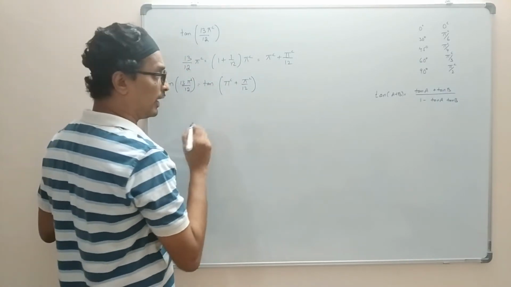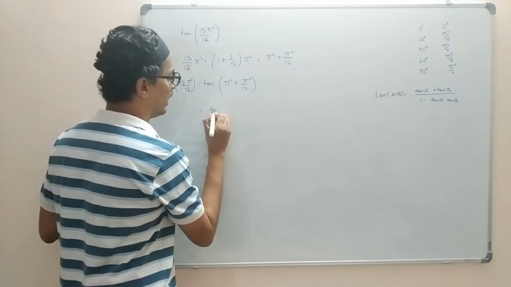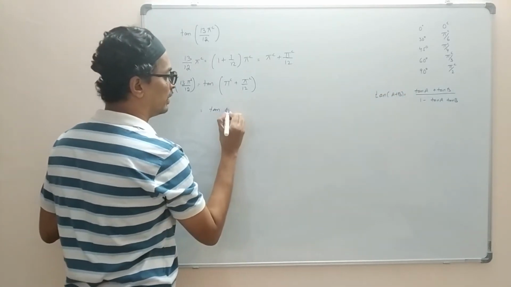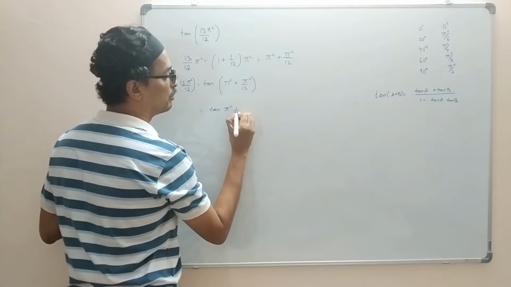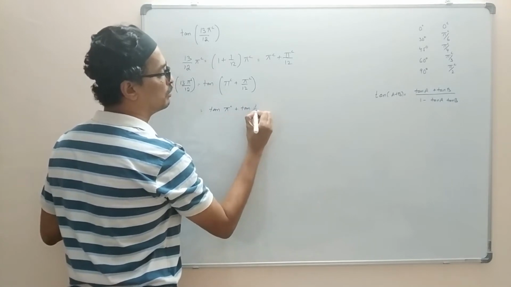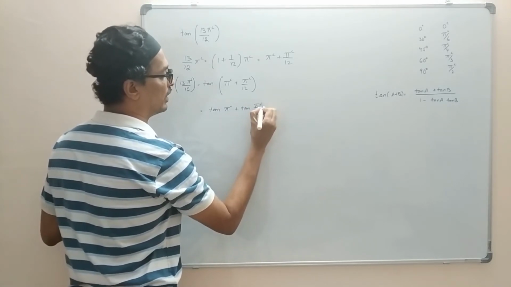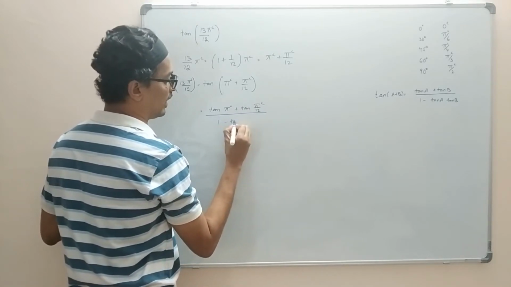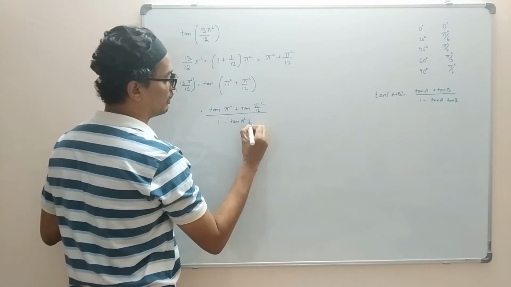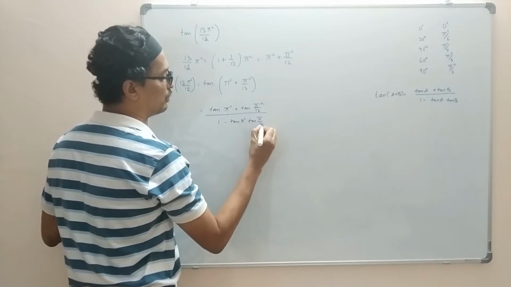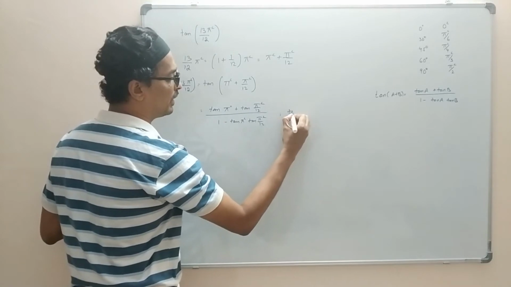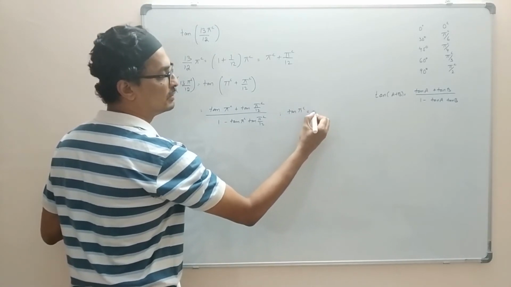Formula again, the tan A plus B formula. What is that? Tan A plus B formula is this one here: tan pi radian plus tan pi by 12 radian, divided by 1 minus tan pi radian times tan pi by 12 radian. Now what is tan pi radian? 0.